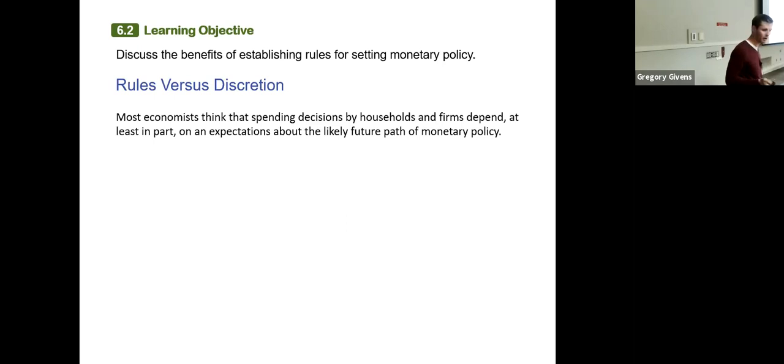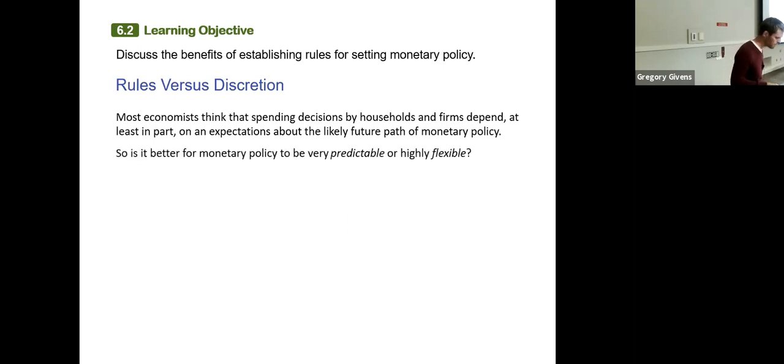Now, I'll tell you that our views on these issues are heavily influenced by a strong belief that people's spending decisions, as well as businesses' and firms' investment and spending decisions, depend at least in part on expectations about the future. In particular, expectations about the future course of monetary policy.